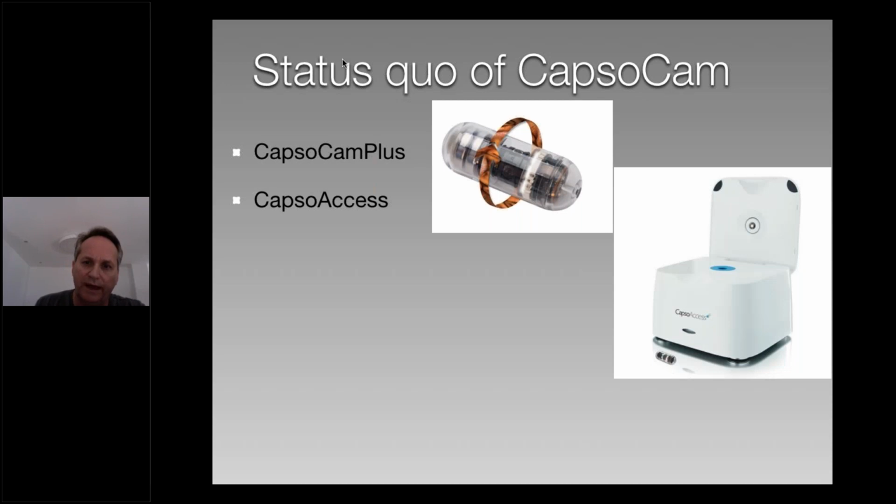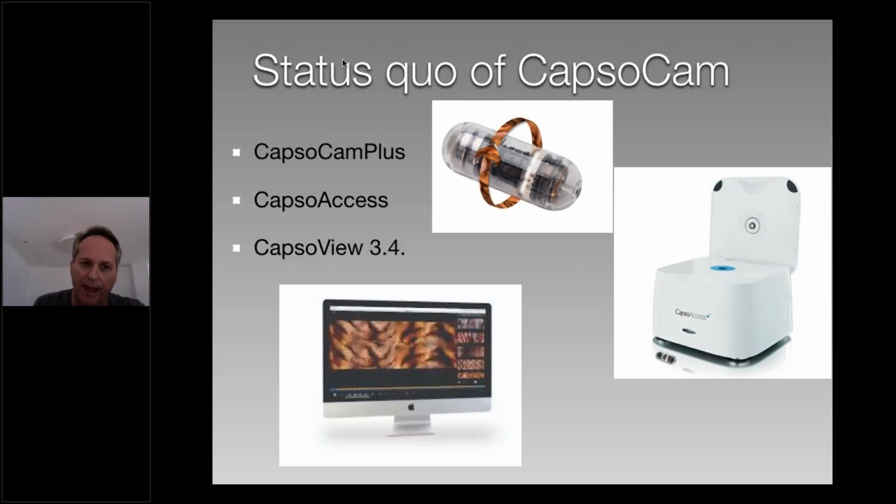We are working with the CapsoAccess, with the infrared device to transfer the data to the computer. And we have quite good, intuitive software. As you can see on this picture, this is the only software you can use on Mac. So you're totally free. You have a Mac version, you have a Windows version, so you can work with every computer you want to work with.